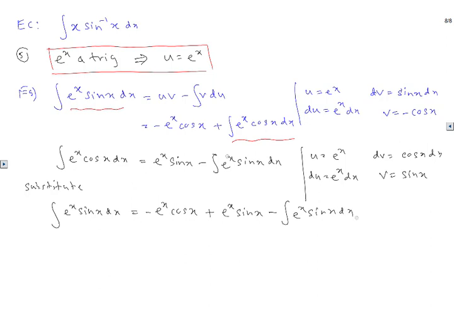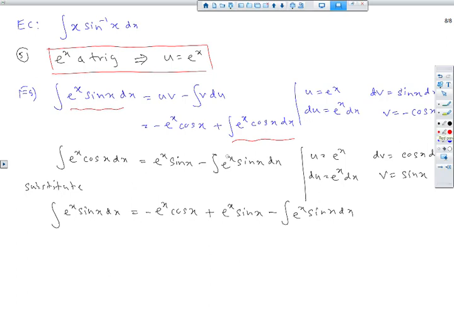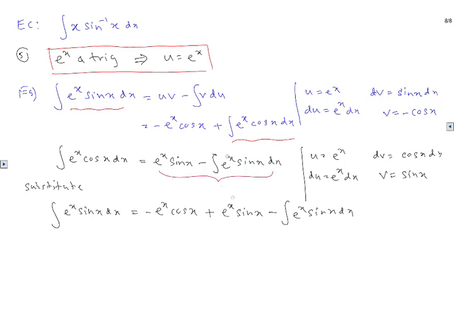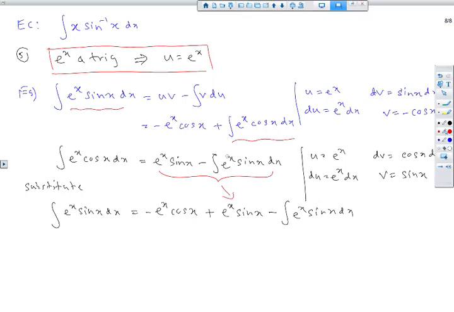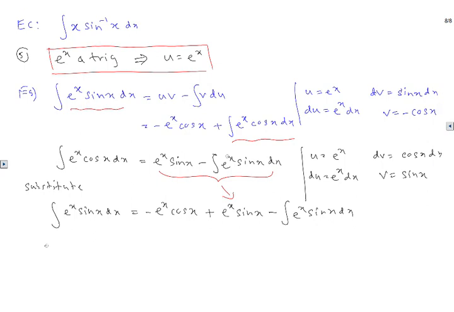We substitute for that, so we put it here. Now we can move the negative one to the other side. That means you're going to get twice the integral of e^x sine x dx equal e^x times sine x minus cosine x.